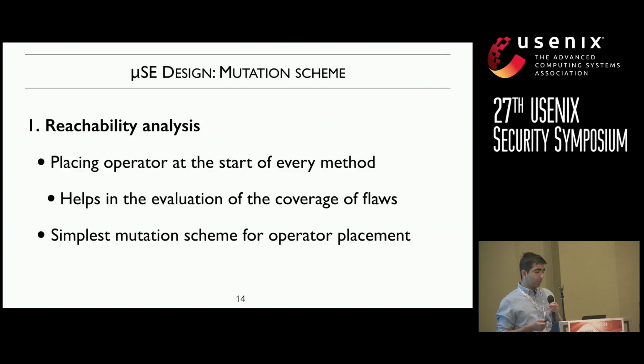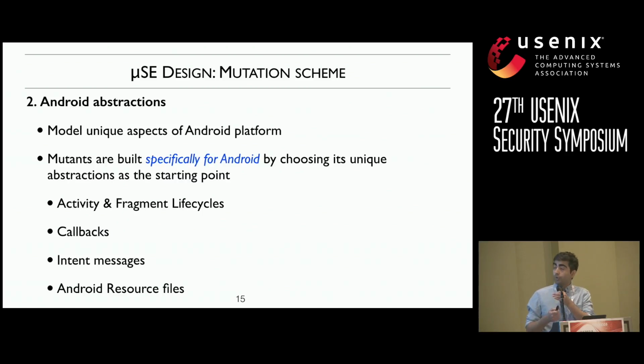A big focus of Muse is to evaluate tools based on the target platform. So we also model mutants that are specific to Android by considering these abstractions: the activity and fragment lifecycle, callbacks, intent messages, as well as Android XML resource files. Here is a simple example of why we found such a scheme necessary.